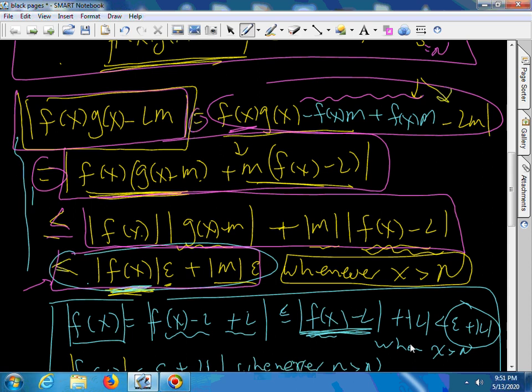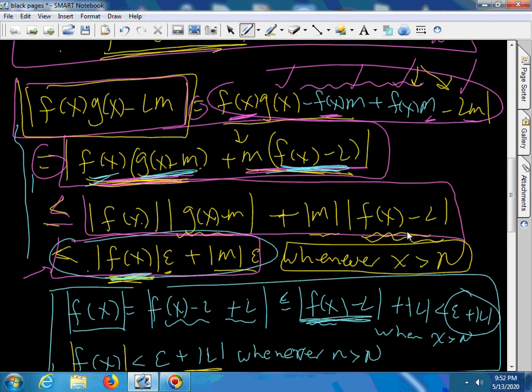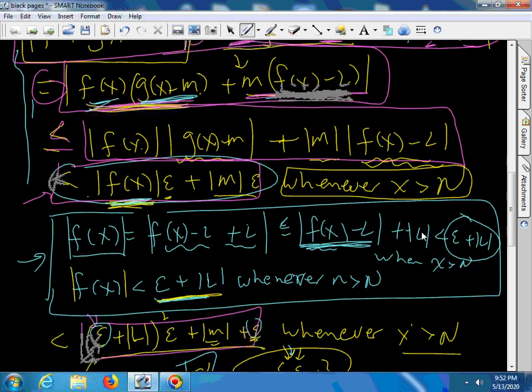That way I had an f of x common, and I was able to factor out g minus m. And it turned out on the other end I can factor out an m, and I'd have f minus l. Things that I really wanted, because I know what g of x minus m is less than. I know what f of x minus l is less than. F of x, we figured that out down here, right smack in the middle of the proof.